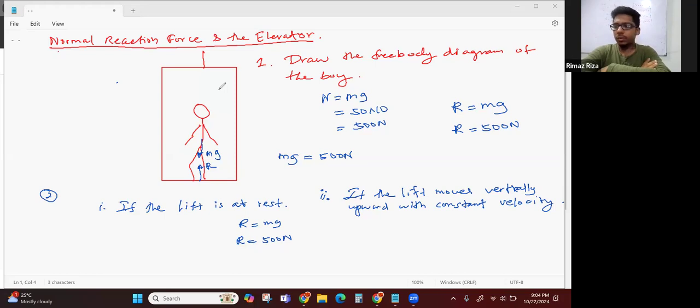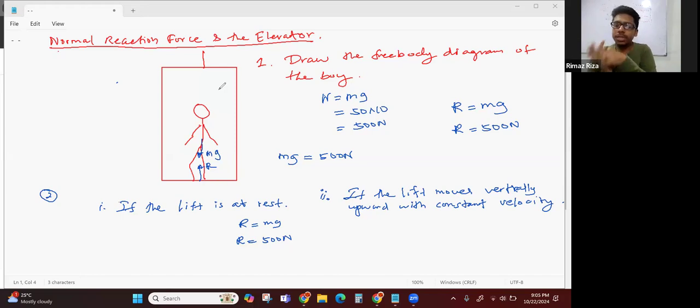Yes. Now, according to Newton's first law, unless an external force is applied, the object at rest remains at rest, and the object in motion remains at constant velocity. So if the object is at rest, there is no unbalanced force acting on it, therefore the forces must be balanced.